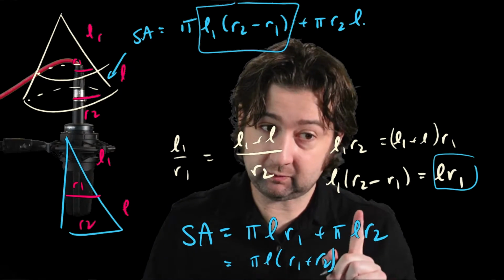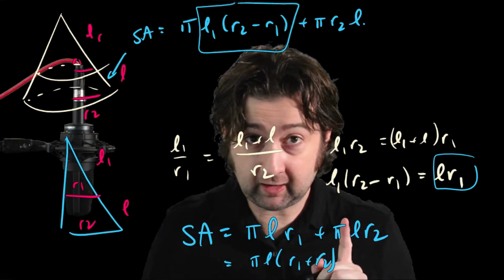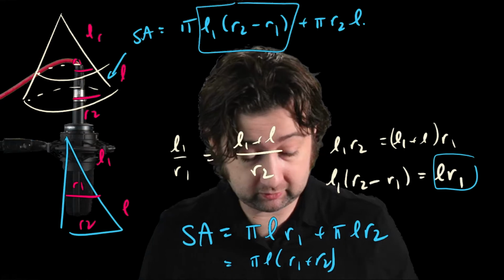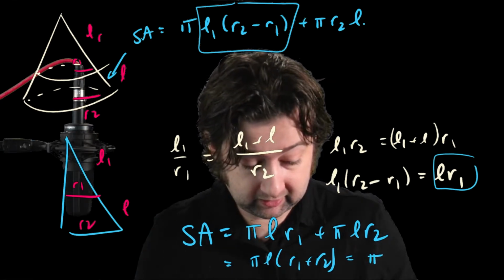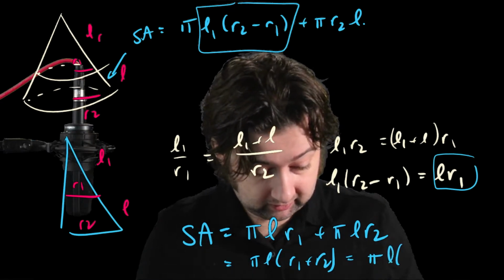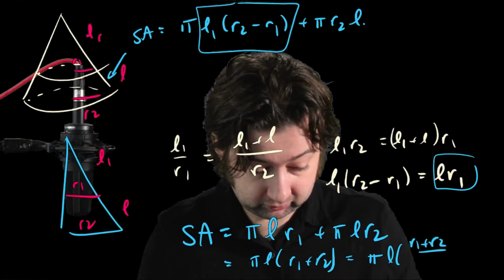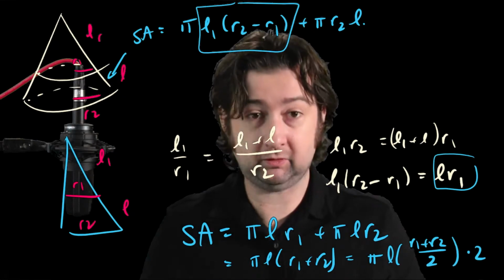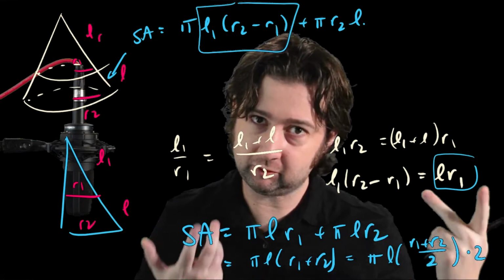And that means that I can rewrite this with an average of the radii of R1 and R2 by writing pi L (R1 plus R2) over 2 times 2. After all, I can't just divide by 2. I've got to put a new 2 in.